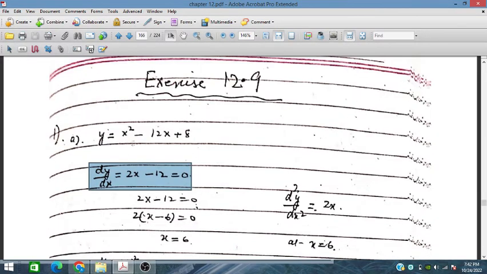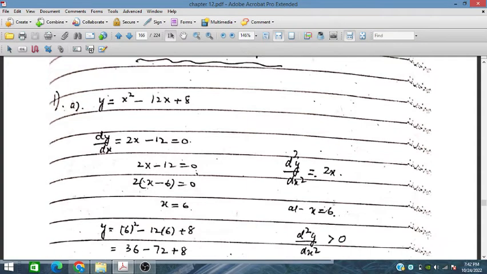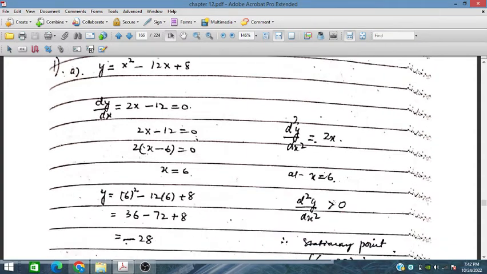Now take the second derivative, and for this the second derivative is 2. The x is eliminated because of the 2x, so this is only 2.